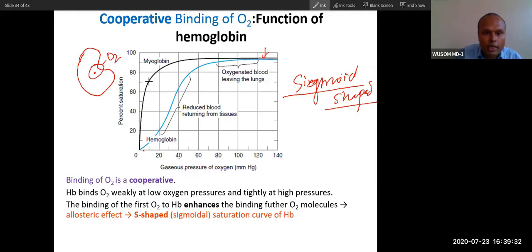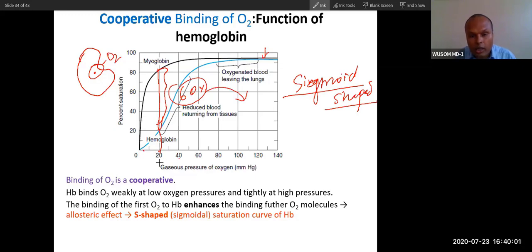So you can see at 20 partial pressure of oxygen, if you compare hemoglobin and myoglobin, hemoglobin releases this much amount of oxygen. If 80 and then 20, about 60% more oxygen will be given to the tissue by hemoglobin.